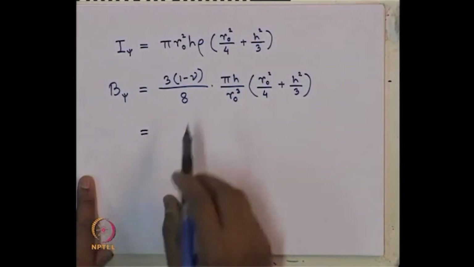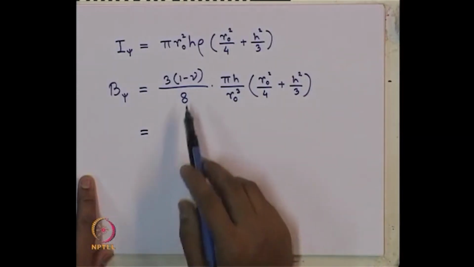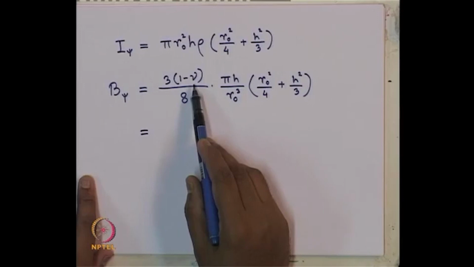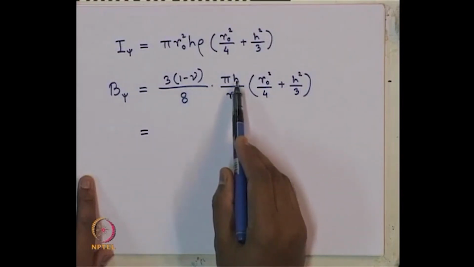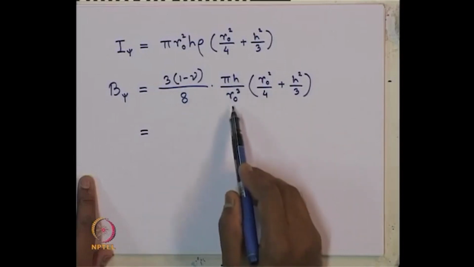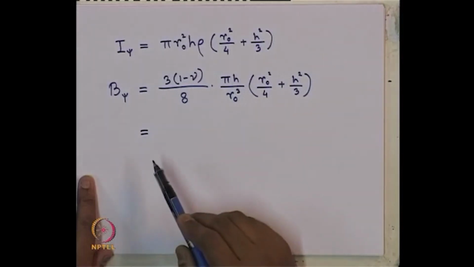Now, if you look at the expression for B psi carefully, it is a function of Poisson's ratio of the soil, which we are considering 0.25 for all the 3 types of soil. H is the depth of the foundation, which is constant given to us, 15 centimeter. r naught already we have computed.